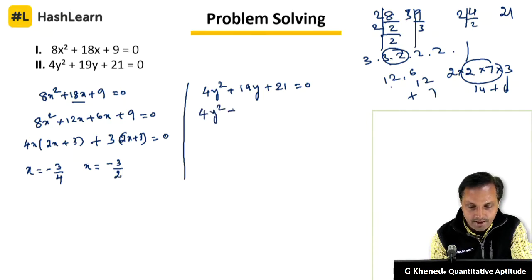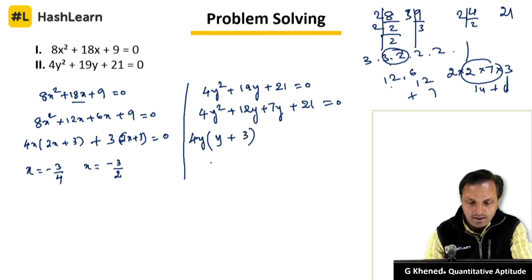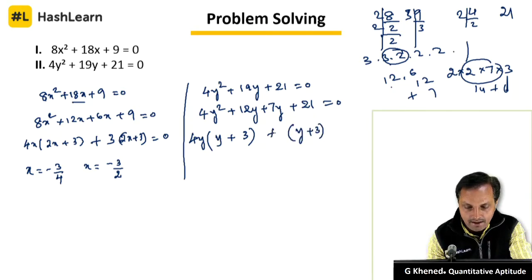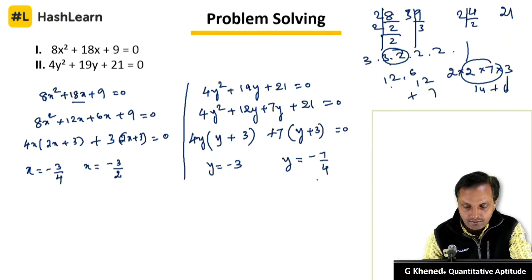So 4y square, you can write it as 12y plus 7y. You can take 4y outside, you will be left with y plus 3. You can always cross verify: 4y square plus 4 3s are 12y. So y plus 3 and 4y plus 7 is equal to 0. You will have y is equal to minus 3, y is equal to minus 7 by 4.